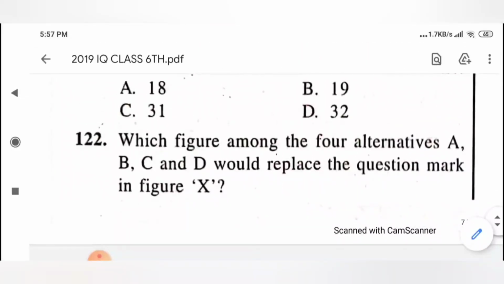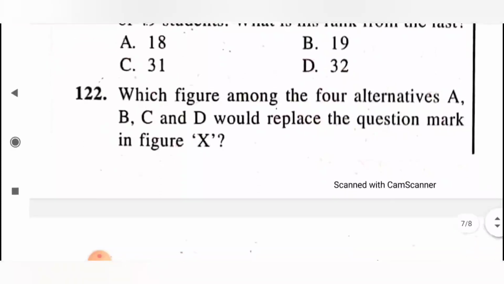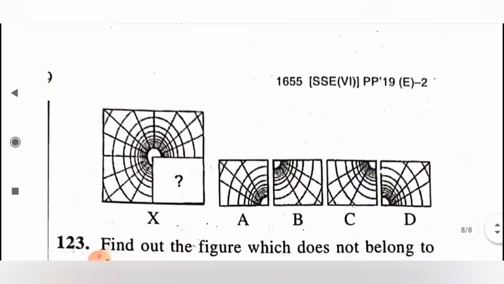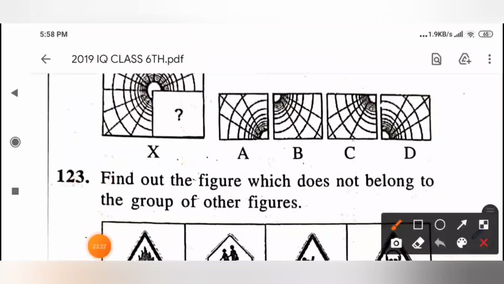122. Which figure among the four alternatives A, B, C and D would replace the question mark in figure X? Just we need to apply common sense. Look at this corner in all the options given. Which correctly matches?